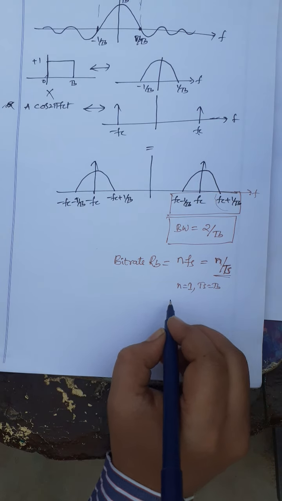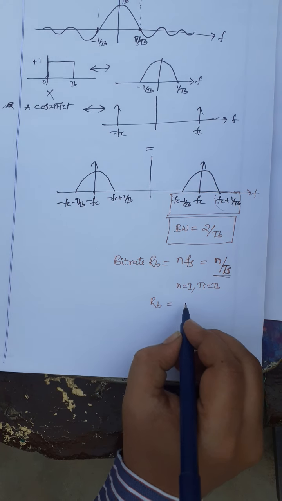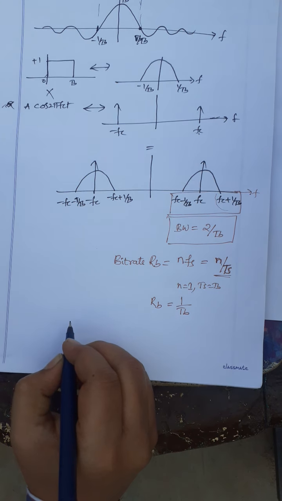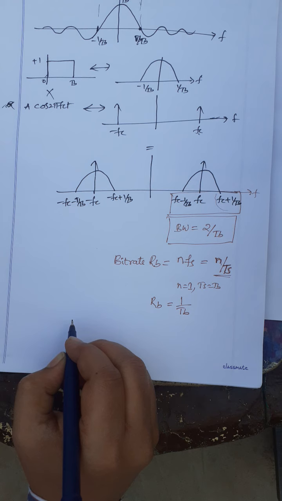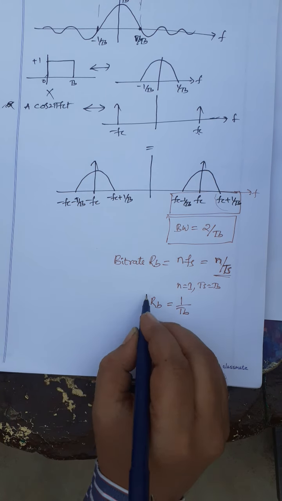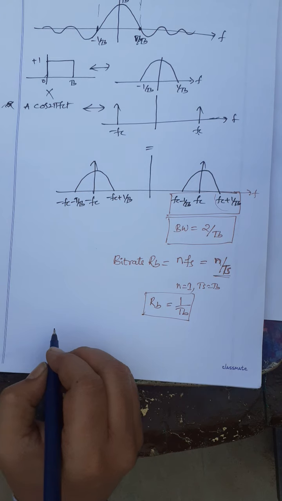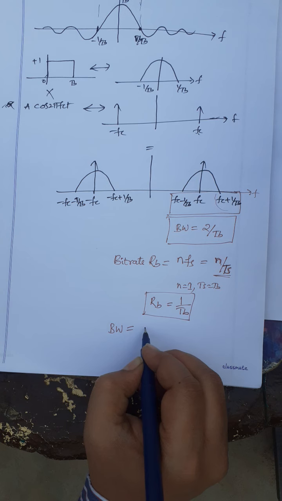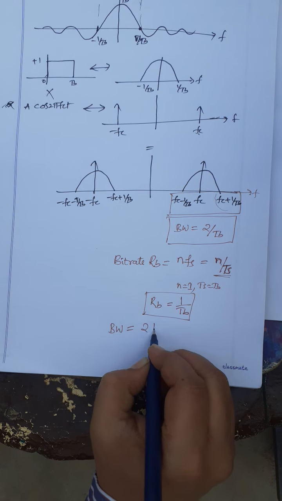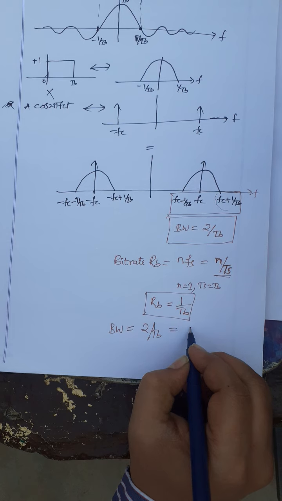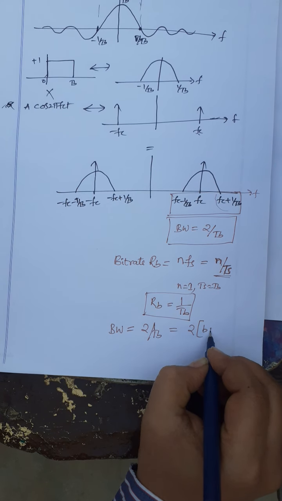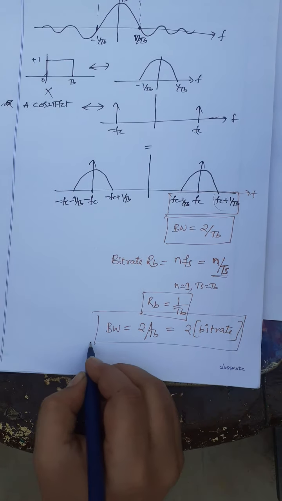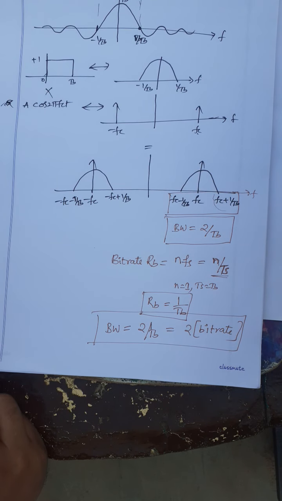So the bit rate Rb is equal to 1 by Tb. So I am writing bandwidth in the form of bit rate. Bandwidth is equal to 2 by Tb. This is also written as 2 into bit rate. Bandwidth of BPSK is equal to 2 into bit rate.